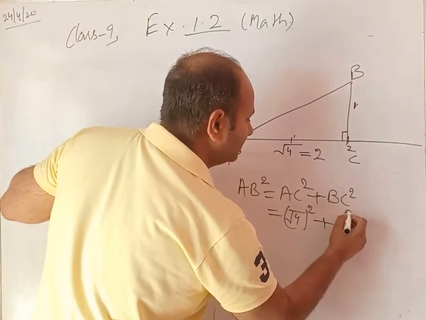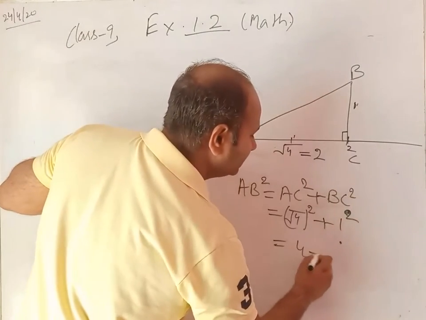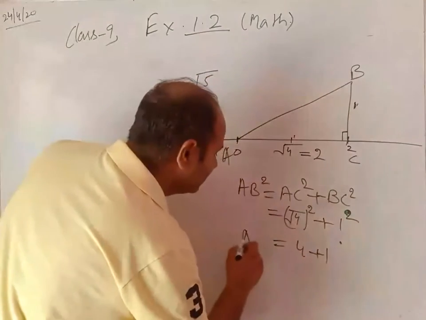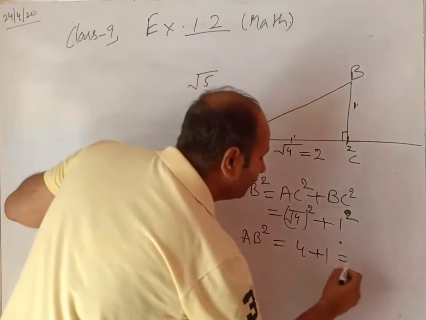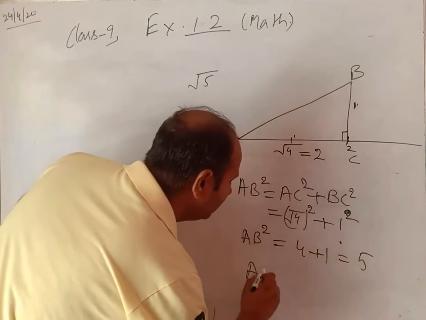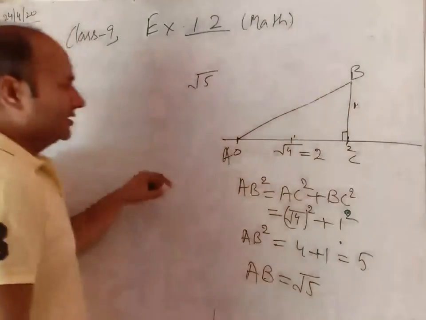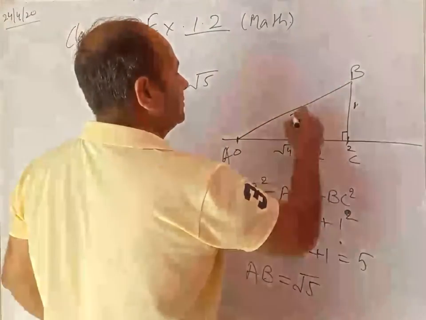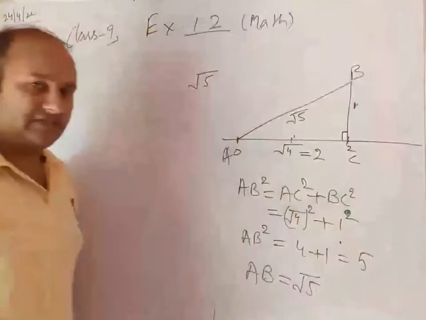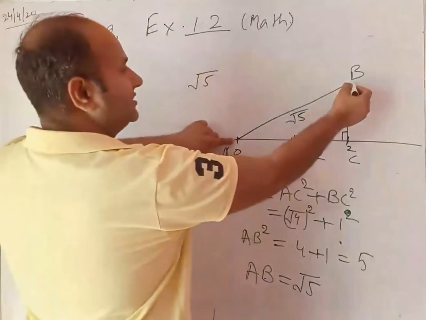So this will become 4 plus 1, AB square is equal to 5, and AB will be equal to root 5. Simple. So this distance is root 5.